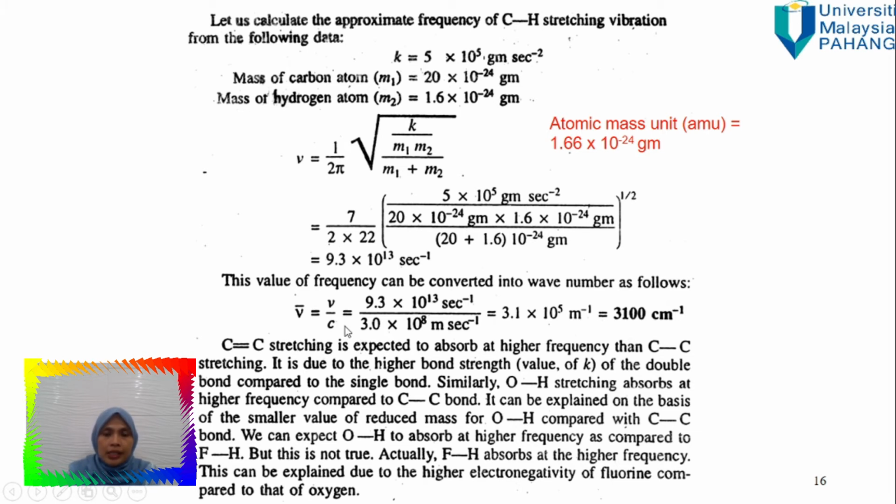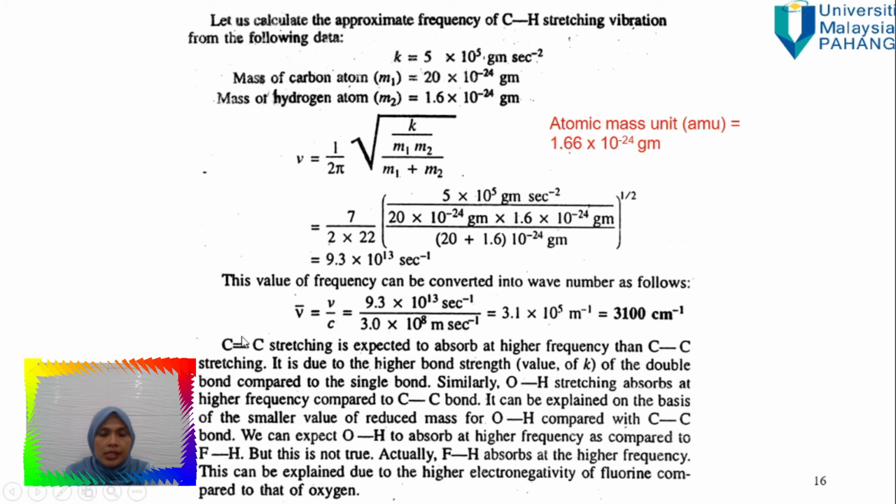Based on this calculation, hopefully we can get a clear understanding of the bond strength and the mass with the wave number. So here, the C double bond C stretch is expected to absorb a higher frequency compared to single bond C. Why?